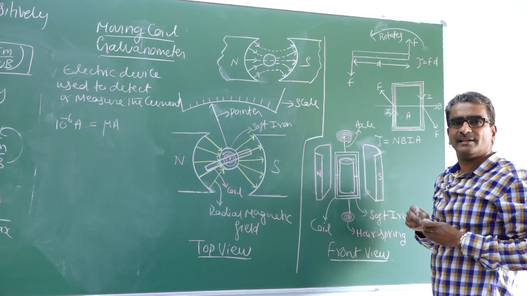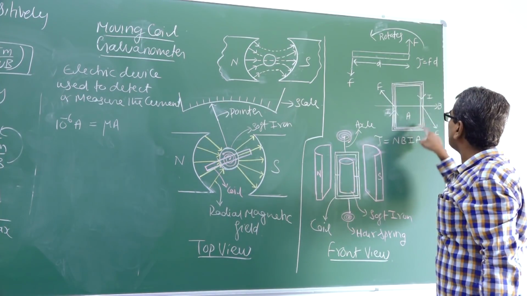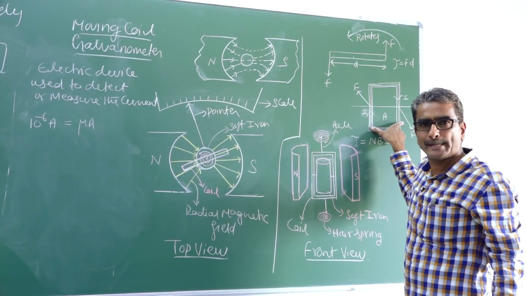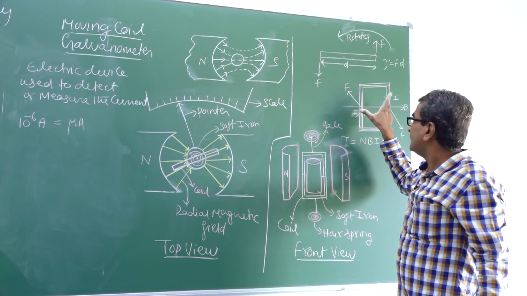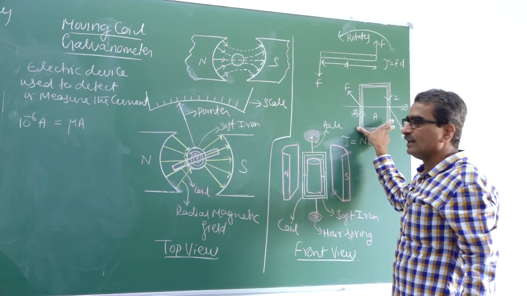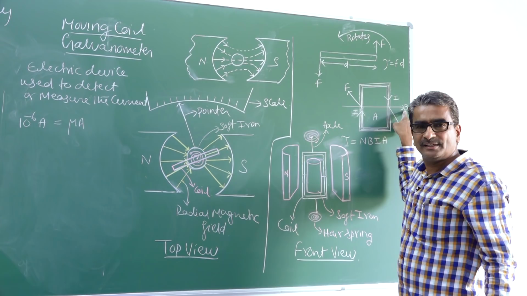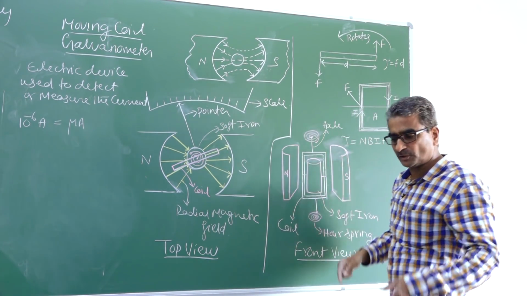Coming to the electrical one, electrical torque. Suppose I consider a coil of wire. Here I have taken a rectangular coil of wire through which some current I is flowing. If I keep this rectangular coil through which some current is flowing in an external magnetic field B, then what happens? Once again on this coil, two forces will act.